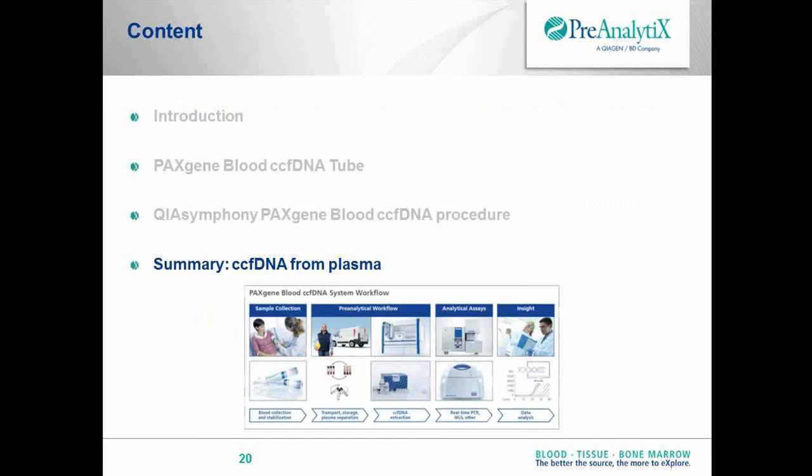Okay, so finally I'd like to summarize what I showed you in the last slides here. So overall, QIAGEN can now offer complete solutions for all kinds of ccfDNA from plasma. And this is shown in this nice picture here. So there's again this complete workflow from patient to clinical results, and we focus on the sample and the pre-analytic workflows, including blood collection, logistics, plasma separation, and ccfDNA extraction.